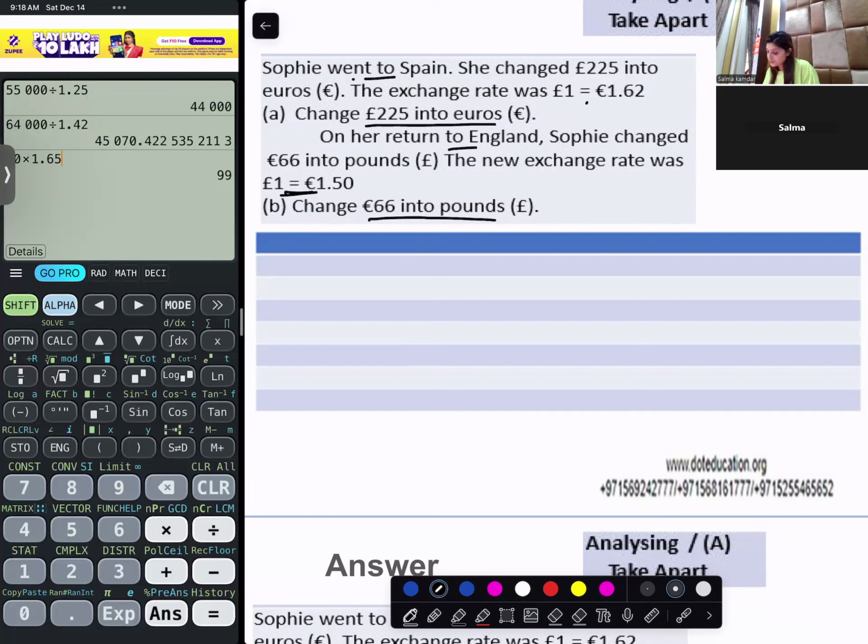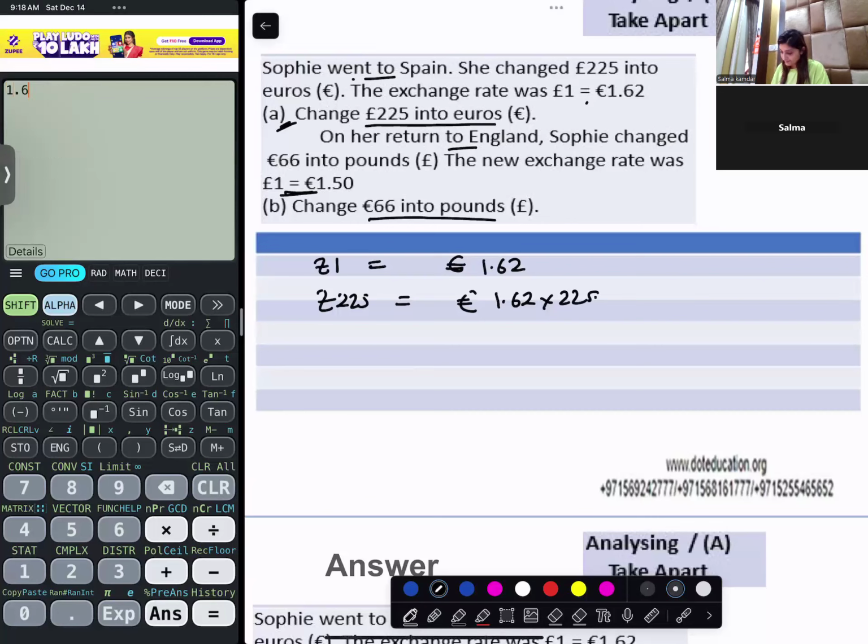What do they want us to do? First, they want us to change £225 into euros. So 1 pound is 1.62 euros, so 225 pounds would be 1.62 times 225. So it would be approximately 364.5 euros.